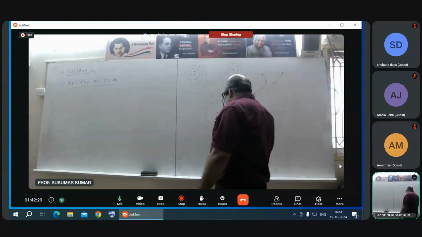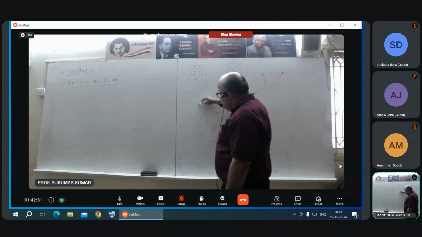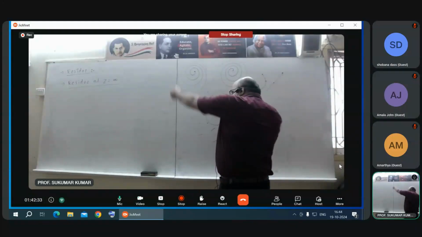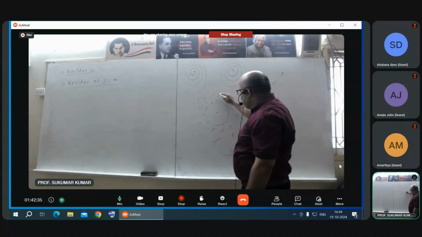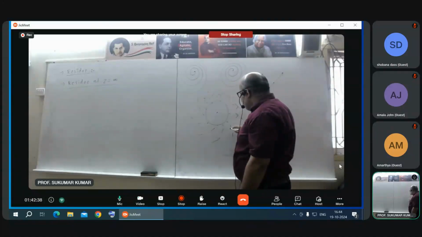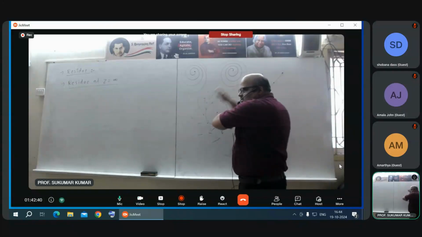That is called residue at infinity, and this is clockwise, the negative direction.